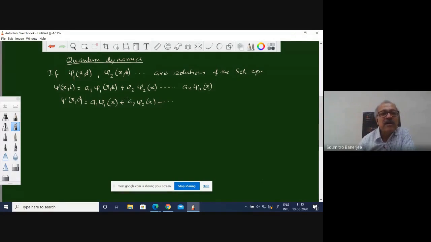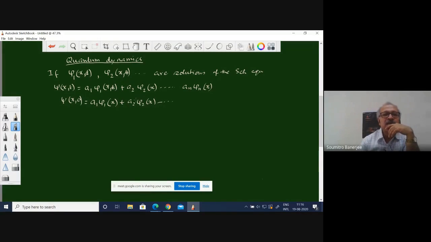So you will calculate the overlap integral between the initial wave function and each of these eigenfunctions, and that way you will compute the a1, which means how much the initial wave function is similar to the first eigenfunction, how much the initial wave function is similar to the second eigenfunction, and so on and so forth.